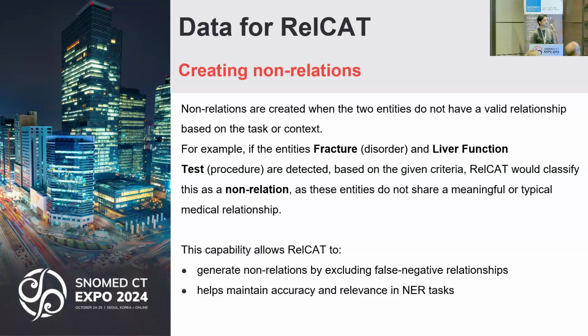Here you can see an example of fracture and liver function test, which majorly won't be related to each other. So this will be an actual non-relation. RelCAT has the ability to generate non-relations by excluding these false negative relations. The false negatives are the other relations that I mentioned.